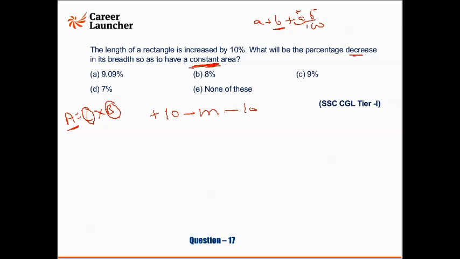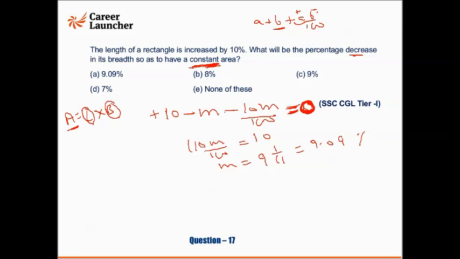So minus 10M divided by 100 equal to 0. Why 0? Because the net change is 0. Because the area is constant, right? Area is constant, so definitely there is no change in area. That's why the change is 0. This denotes the 0 change in area. Okay, so if you solve this, you will get 110M equal to 10. So from here you will get M as 1 by 11, that is 9.09% as your answer. So A will be my answer.